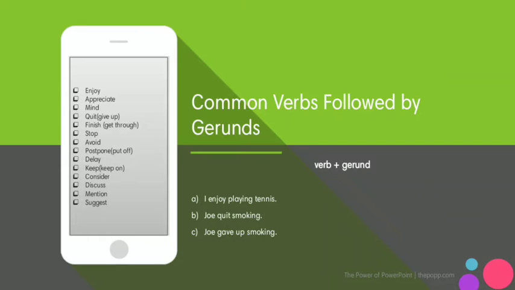Next, example B, Joe quit smoking, and C, Joe gave up smoking. Examples B and C have the same meaning. Some phrasal verbs like give up are followed by gerunds. See these phrasal verbs in parentheses below.